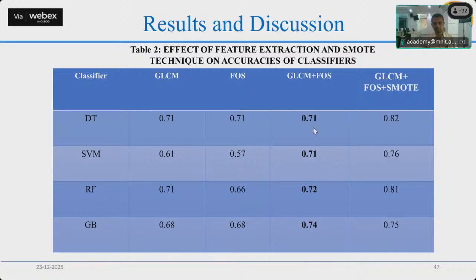Earlier this was 1.71, but when using the synthetic minority oversampling technique, SMOTE, with supervised learning, the accuracy has gone up by 11%. That's a fair result.